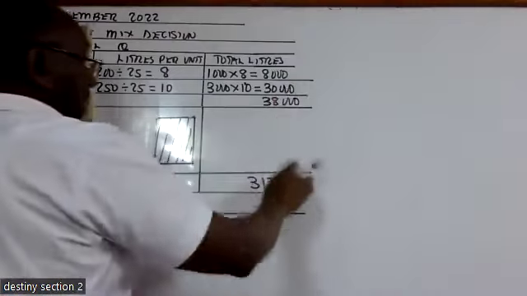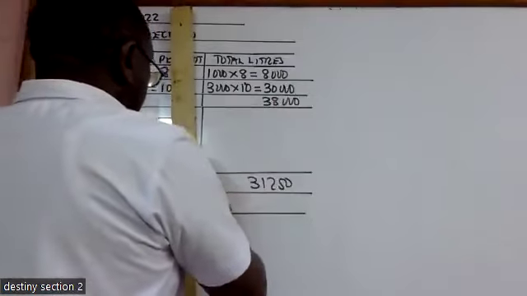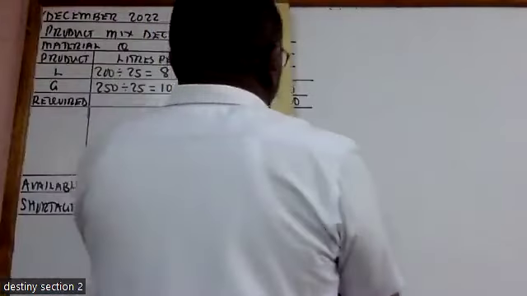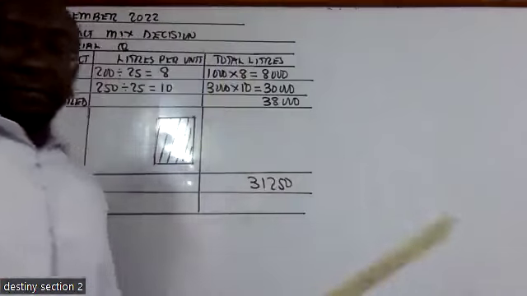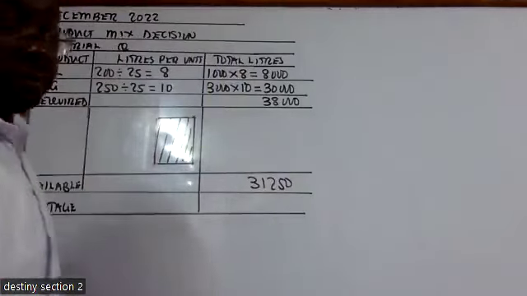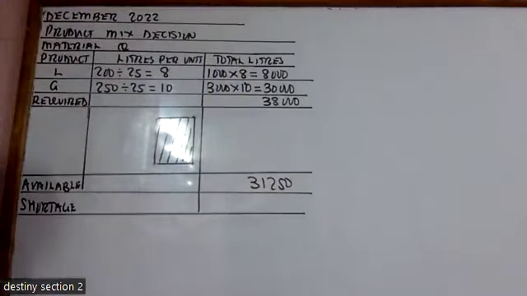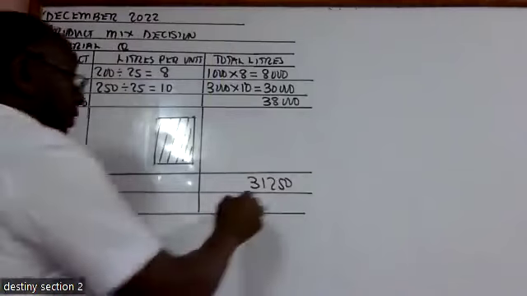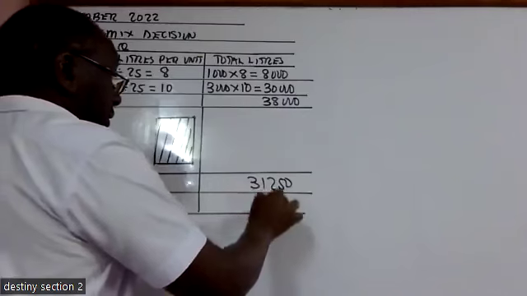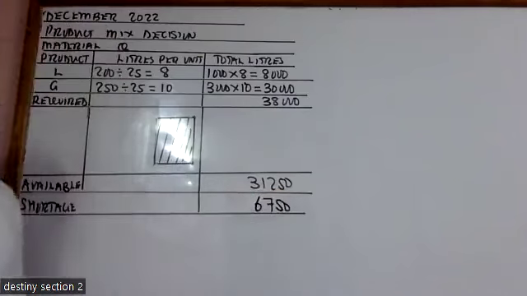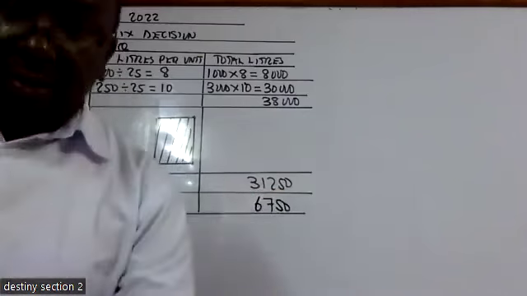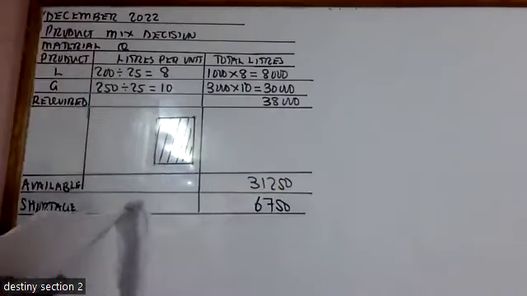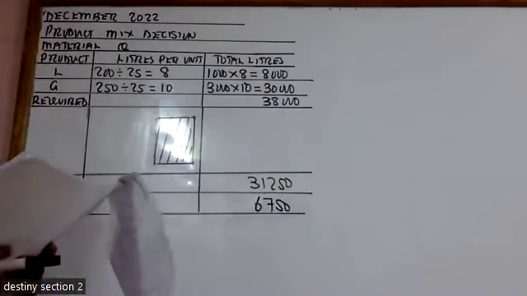Tell me that 38,000 minus that 1,250 is how much? 36,750. So that is what we call the shortfall.